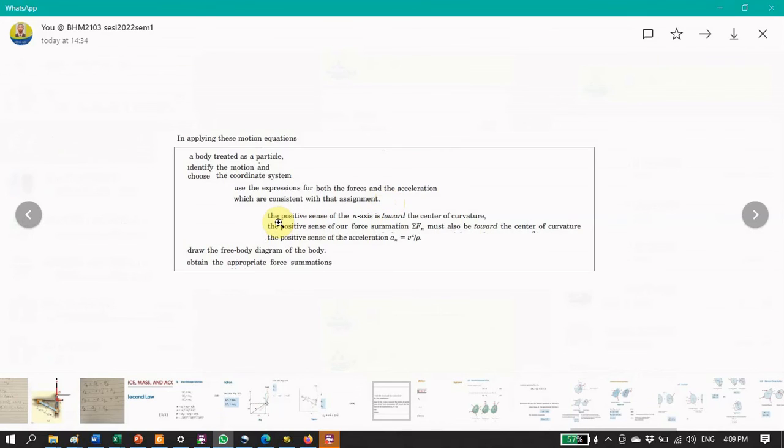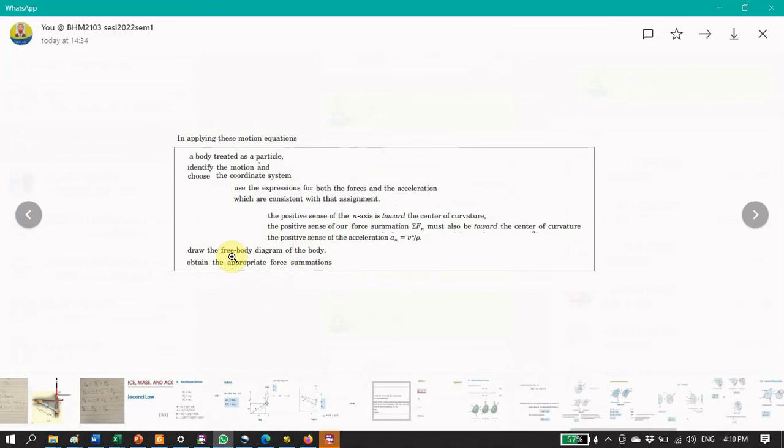The author also gives examples. If we are using a normal tangential coordinate system, the positive direction is always towards the center of curvature, the center of rotation, something like that. And the positive sense for the normal forces is also towards the center of curvature, and the positive acceleration will be the normal acceleration.